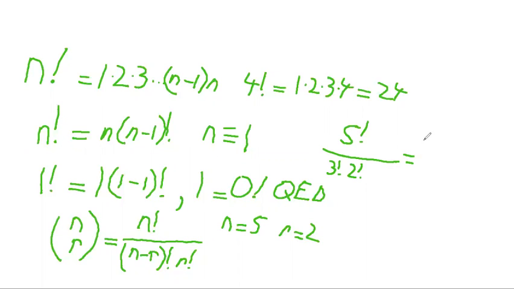And so you would have 5 times 4 over 2 factorial, which happens to just be 2, because 1 times 2 is 2. And this is 10. So again, there would be 10 ways.